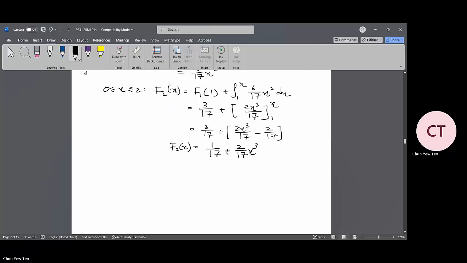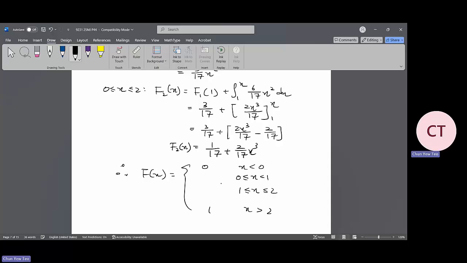Okay. So therefore, your CDF will be 0 for x less than 0, and 1 for x greater than 2. Then for x between 0 to 1, this one is, okay, I mean this one is 1 to 2.